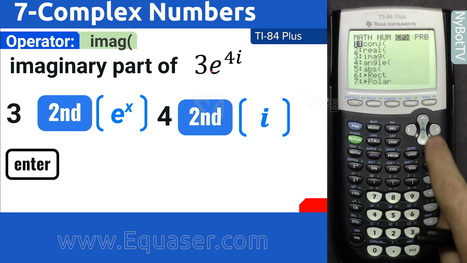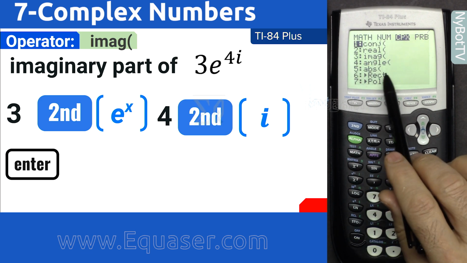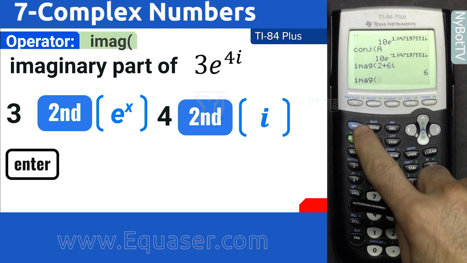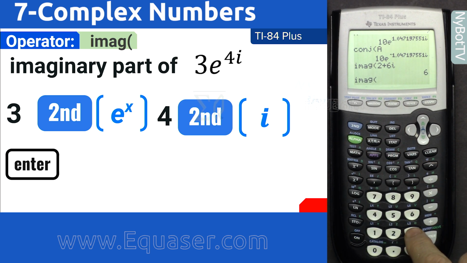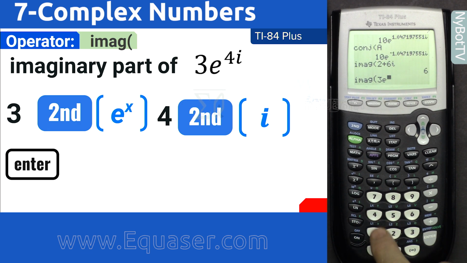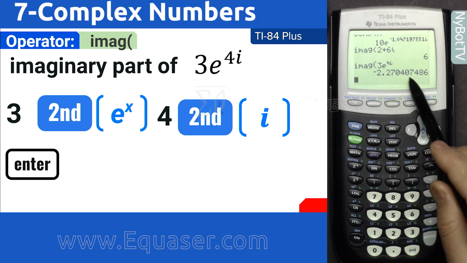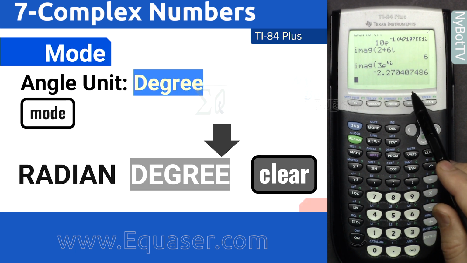Math, complex, and then imaginary 3, second function e, 4, and then second function I, and enter. We got the imaginary part.